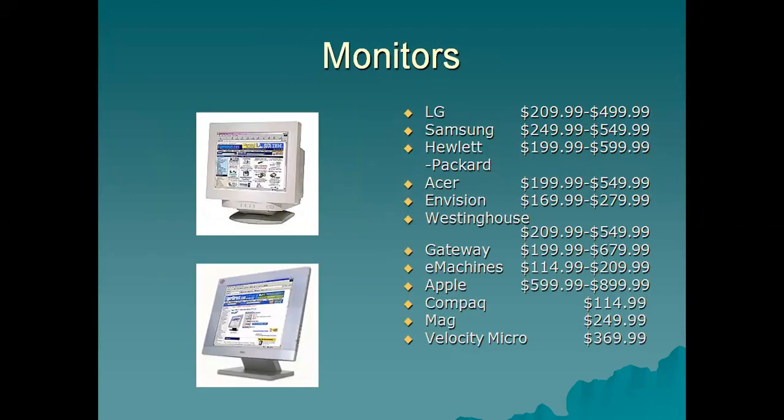And now come the monitors. As I have already told you, a monitor is where you get the information and can see in front of your eyes something which is visible. So this is an output device, the monitor.